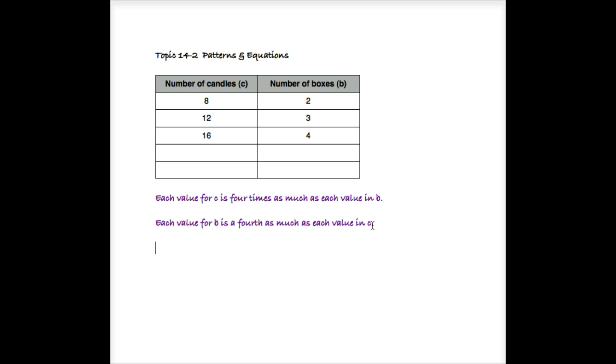Now, how do we write that out algebraically? How do we do that? So let's do this first. We've had practice in writing out values when they're written out. We did that in the daily spiral review. So now let's take a look at each value of C. So let's go ahead and write C is 4 times as much as the value in B. So what could we do?